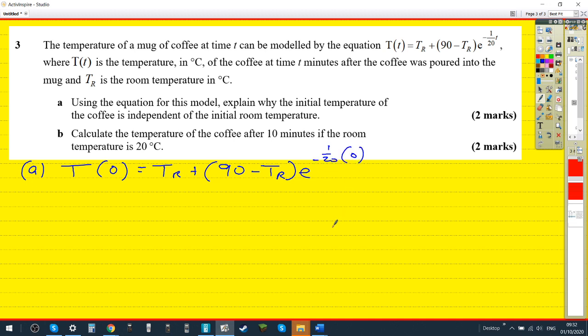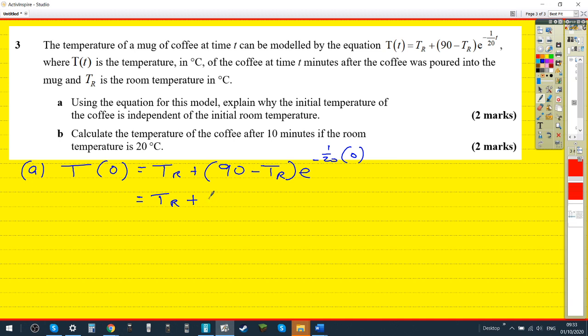What do you get? So I got 0 plus TR plus 90 minus TR.